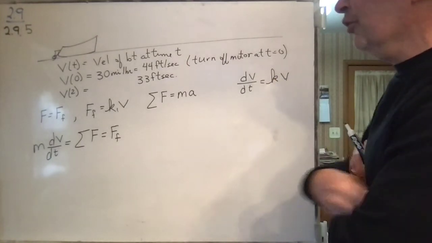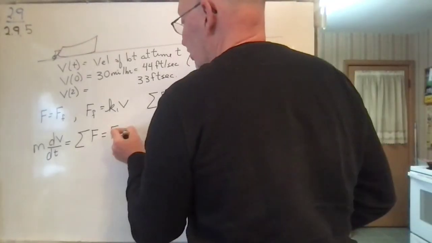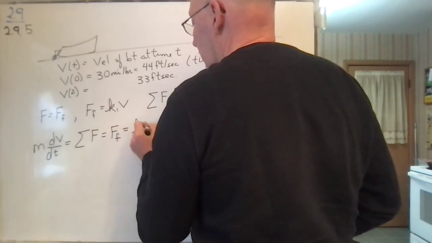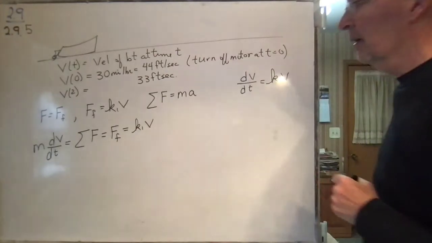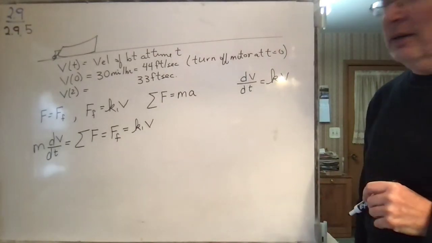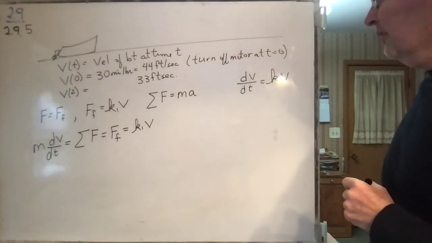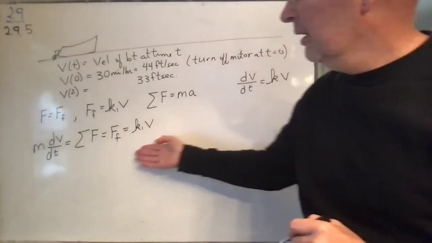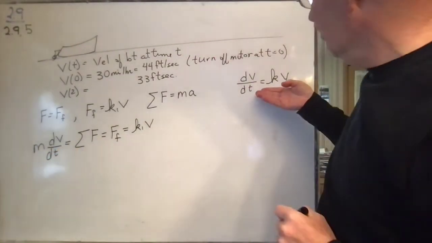And we know that the force due to friction is just proportional to the speed. Agreed? So look at that. That's all there was to it. It's just a matter of tying those things together, and you get what you want.